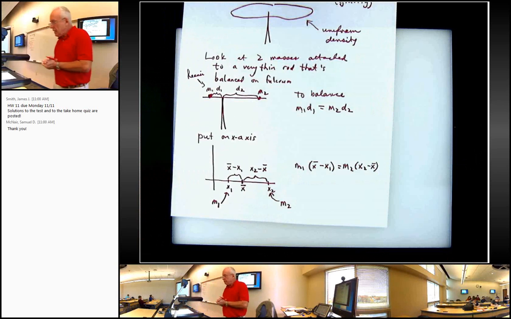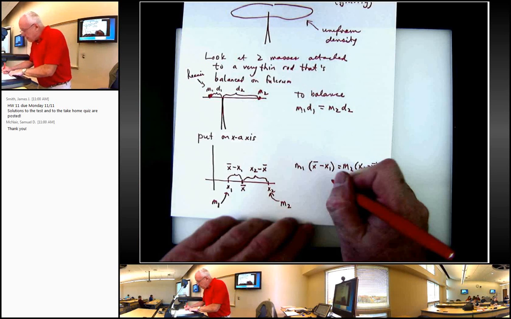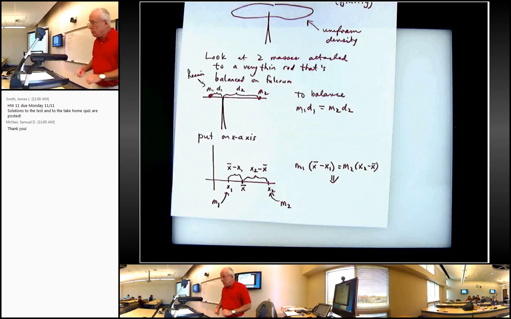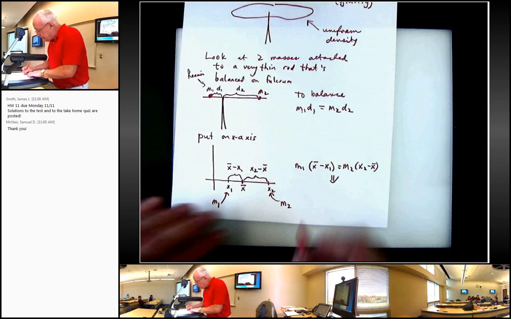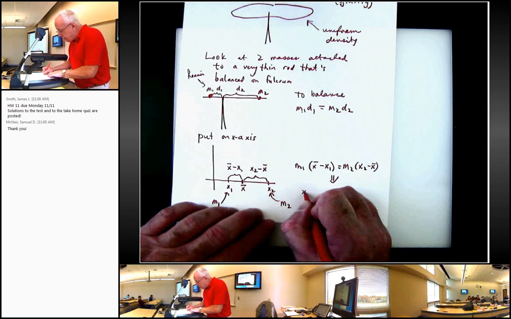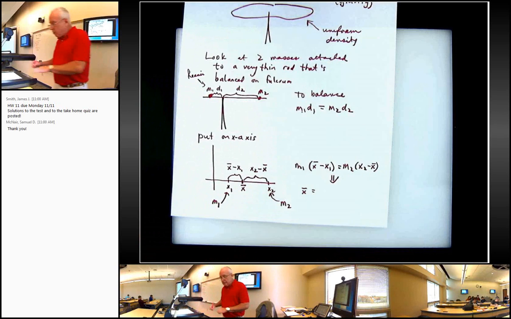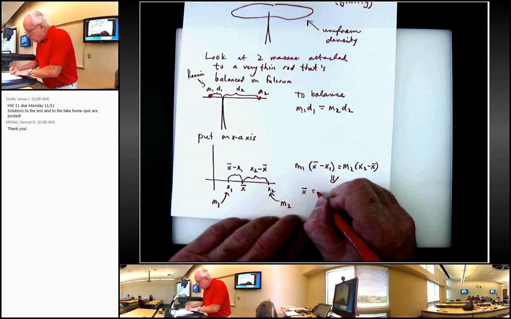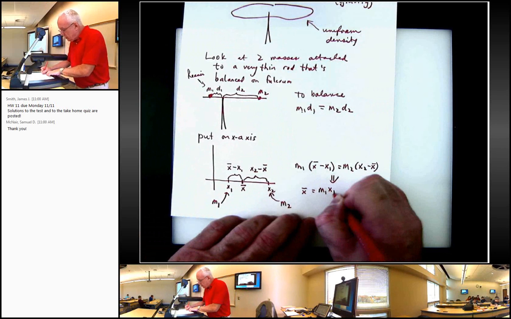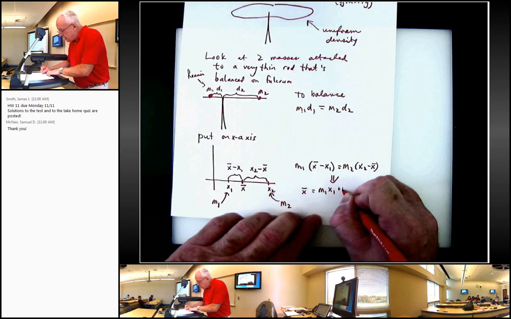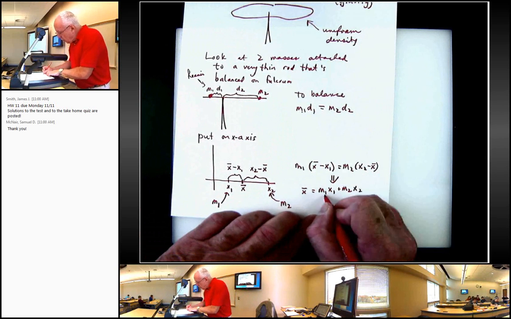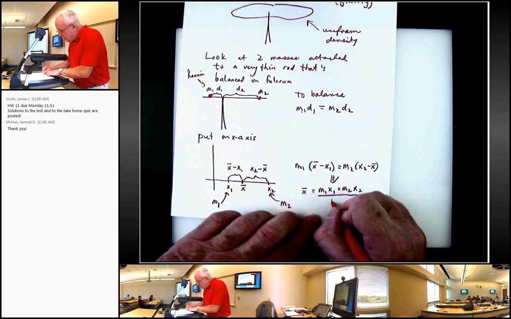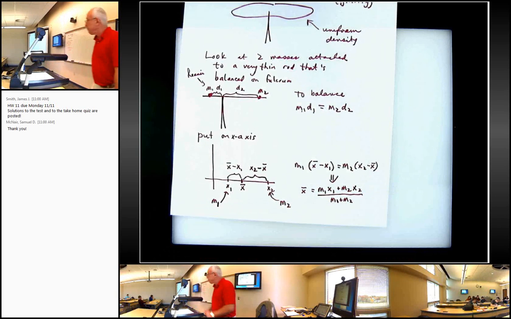All right. And we can do some algebra that I will omit to get this. We can solve for x bar, and we find that x bar is equal to this: m1 times x1 plus m2 times x2, all over m1 plus m2.